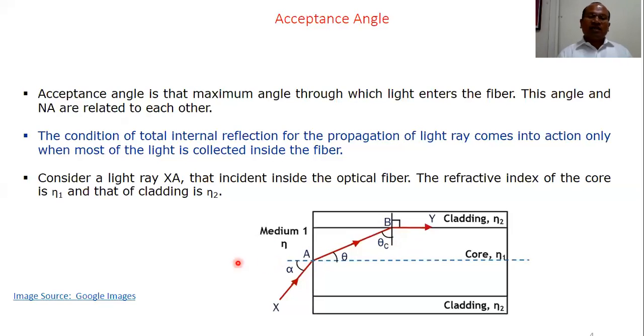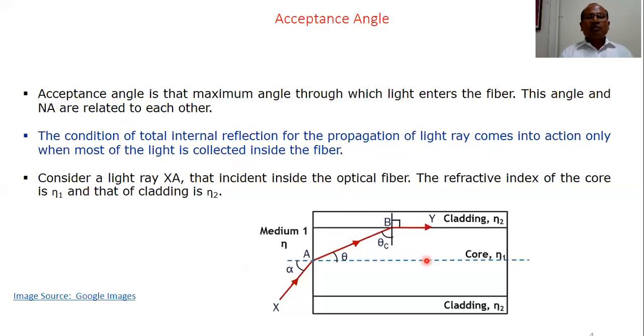So there is a certain value of alpha at which the light enters so that the incidence angle is greater than the critical angle of that material. What will happen? It will have TIR. The condition of TIR, total internal reflection, for the propagation of light ray comes into action only when most of the light is collected inside the fiber.